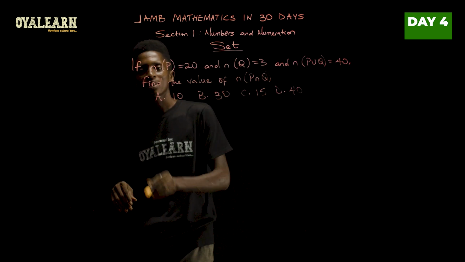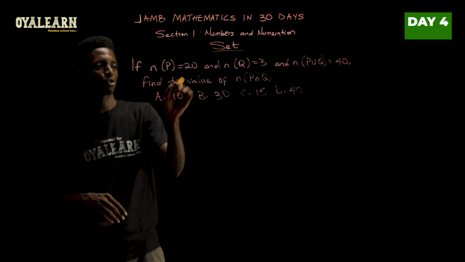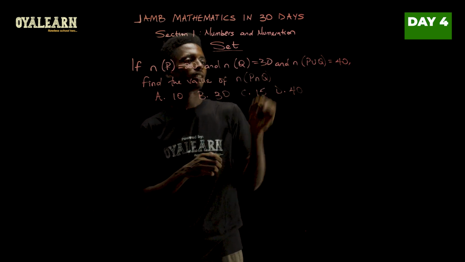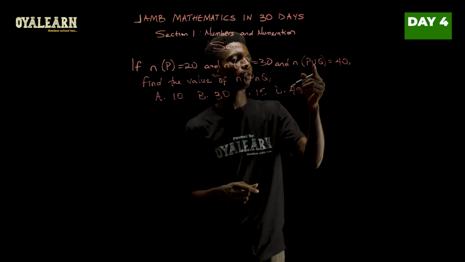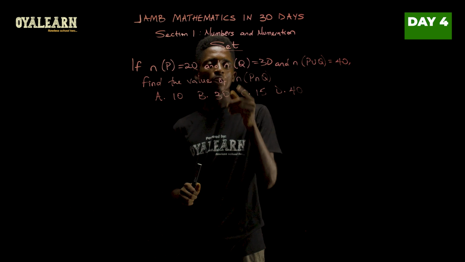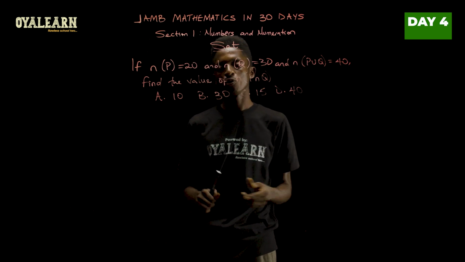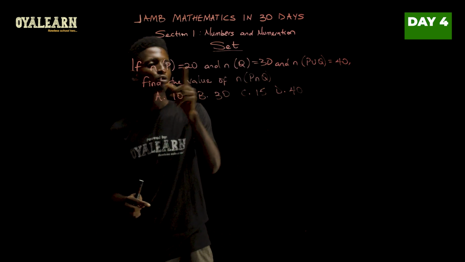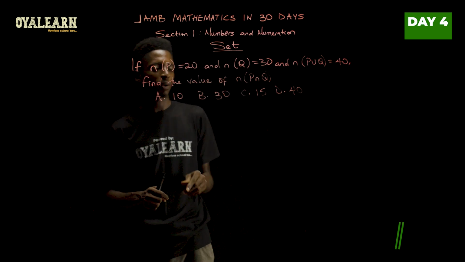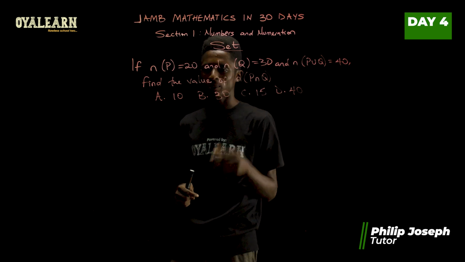This question says, if the number of P is 20, the number of Q is 30, and the number of P union Q is 40, find the value of the number of P intersect Q. So we see here that there are two subsets, P and Q. So we have to find what they have in common.